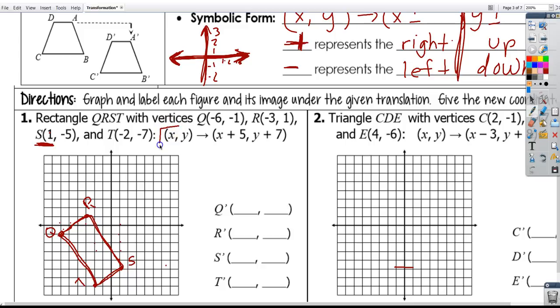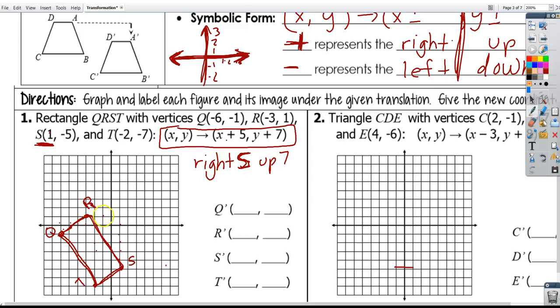Alright, so here is our symbolic representation. We learned that our plus is right for x's, so right 5. And then our plus is up for y's, so up 7. So there are two ways we can do this. Our first way is to count. So we take our R and we count right 5.